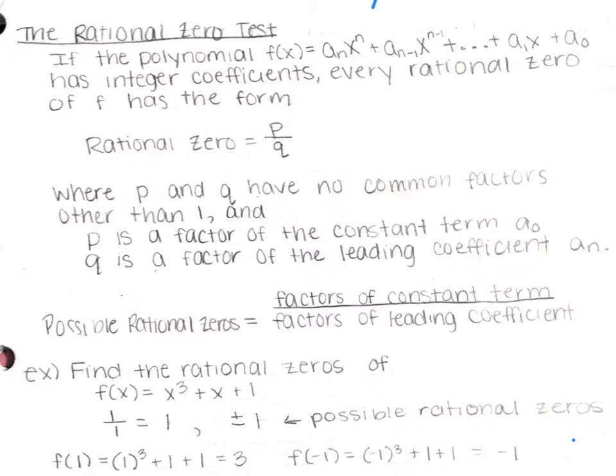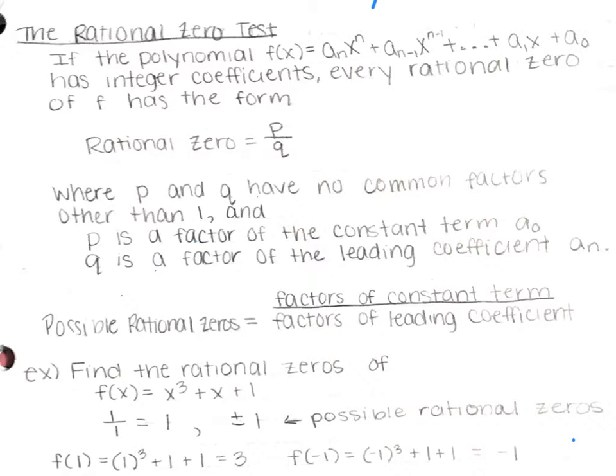P is a factor of the constant term a0, and q is a factor of the leading coefficient a sub n. So your possible rational zeros are each of the factors of the constant term over each of the factors of the leading coefficient.